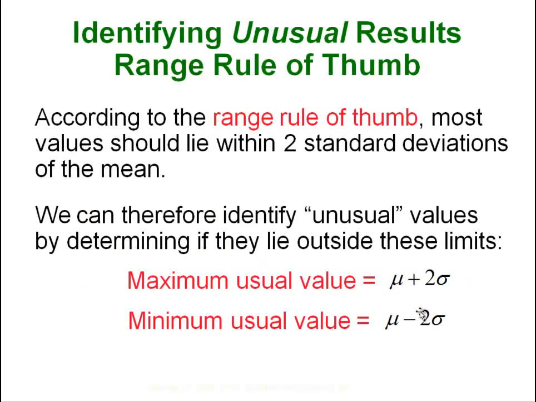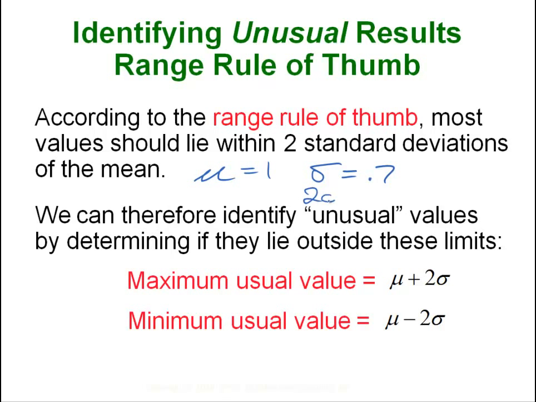Just like before, our unusual results are anything that are more than 2 standard deviations away from the mean. So if we take that mean that we calculated and go plus and minus 2 standard deviations in both directions, that'll give us the idea of unusual results, which doesn't really make real good sense for this example. If you remember, our mean was 1 and our standard deviation was, let's just make it 0.7 for the math to be easy.